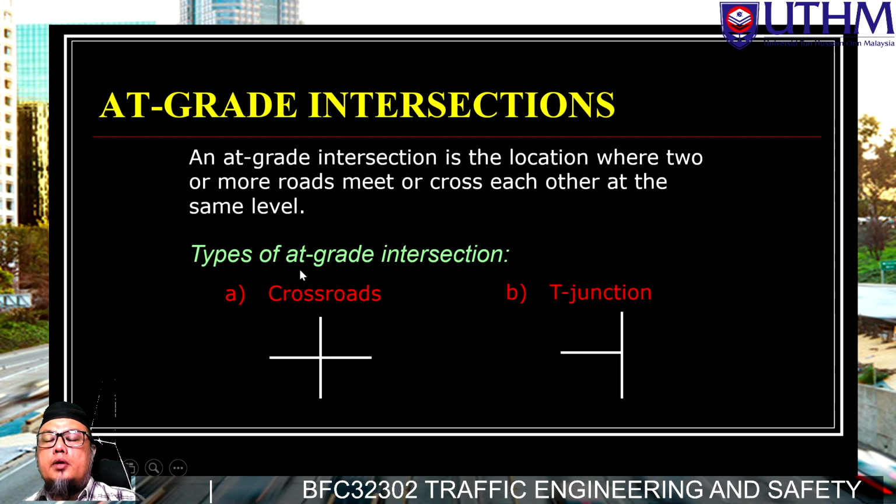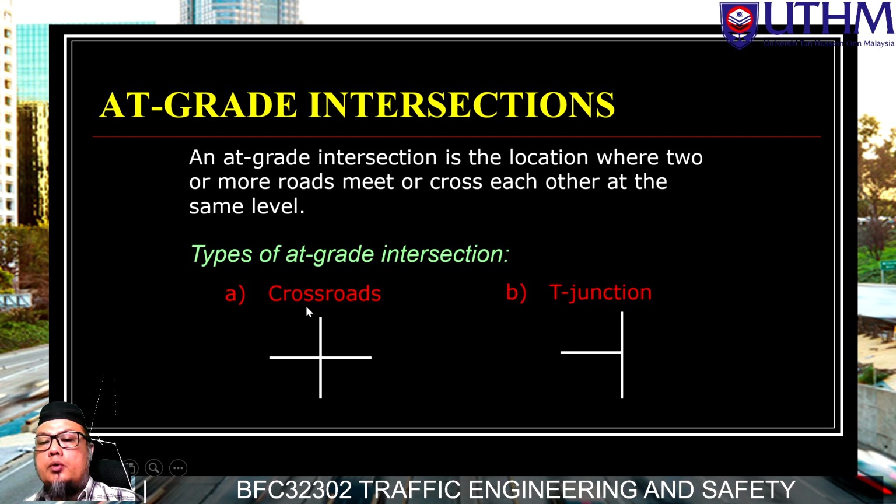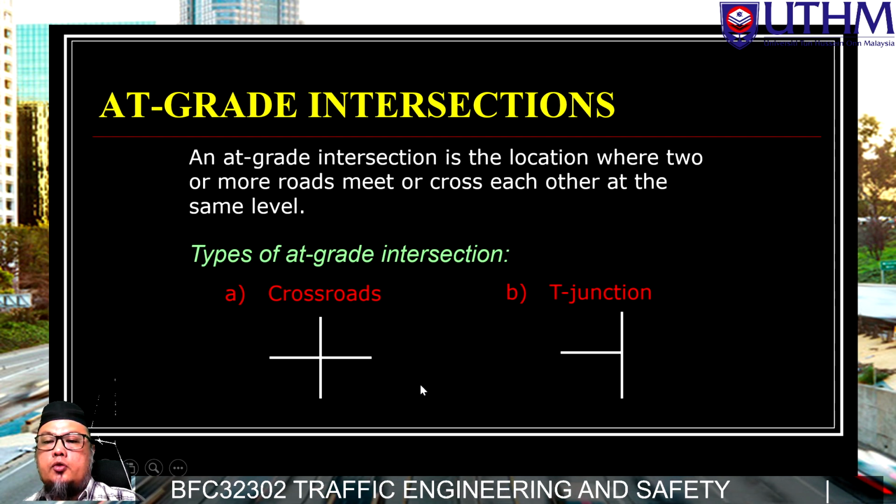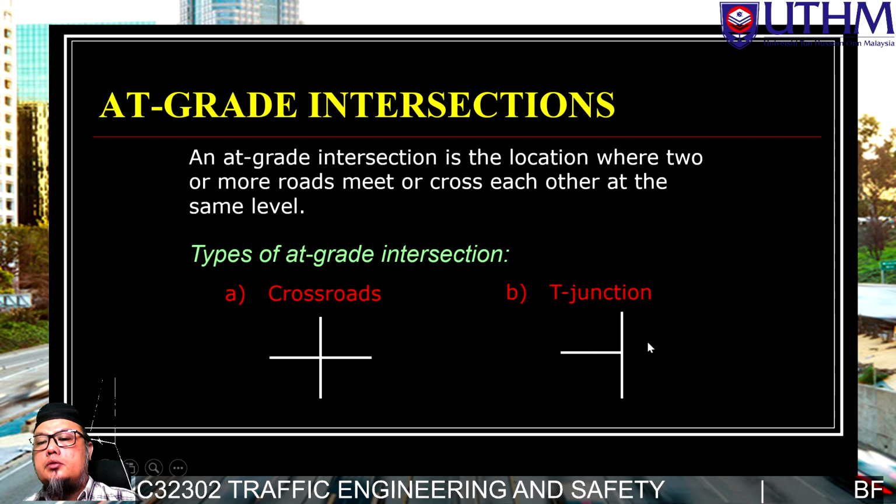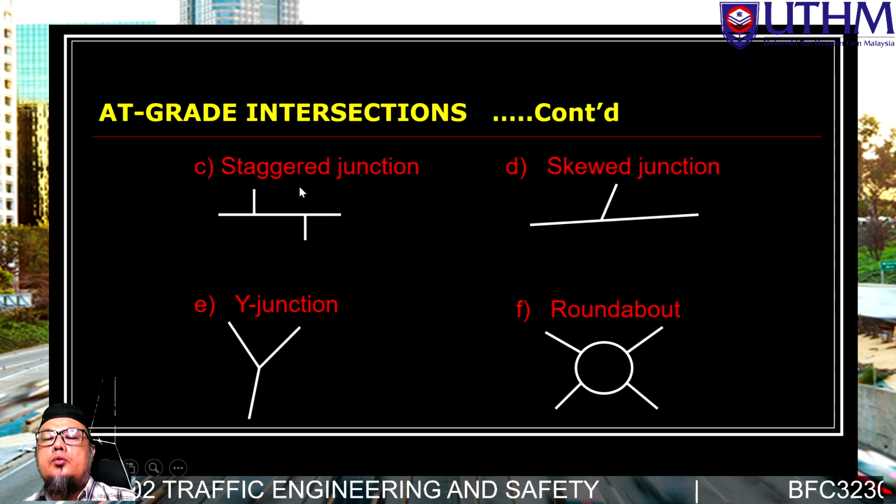Okay, the types of at-grade intersection, these are the typical, common ones: crossroad, which is four-legged, and T junction, or three-legged. Then we have staggered.